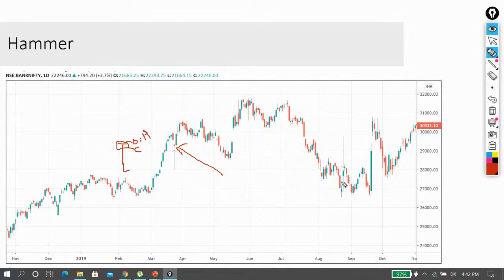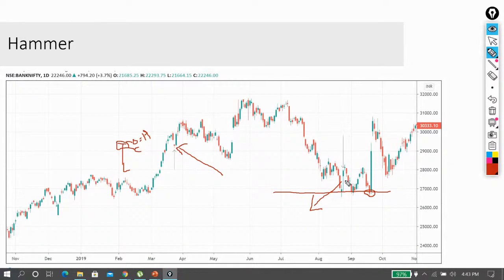Okay, let's see one more example. This one. Here, if we see, this is a very, very, very powerful candle. And if you want to see, this low was never taken out. No candles closed below that apart from this one, right?